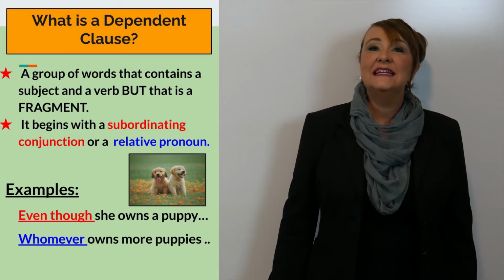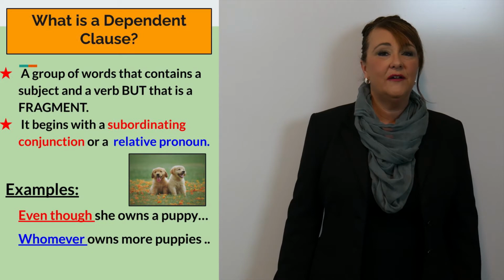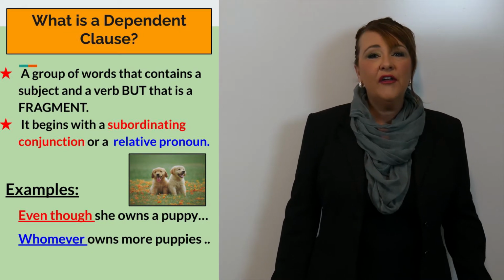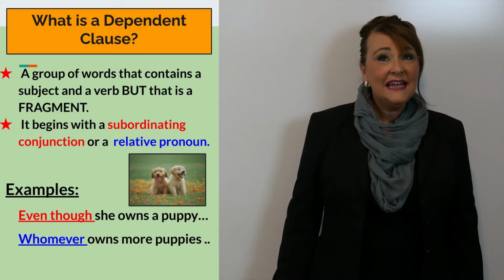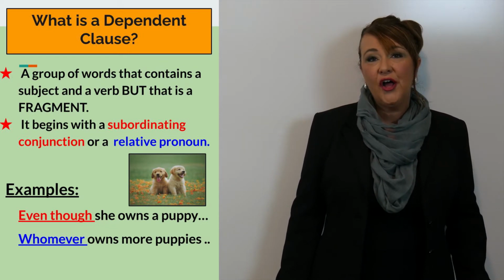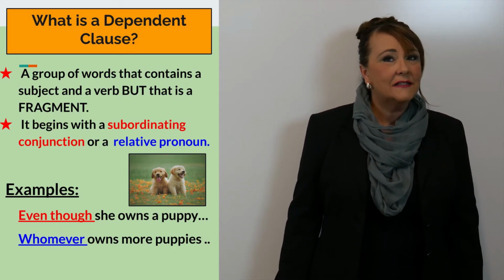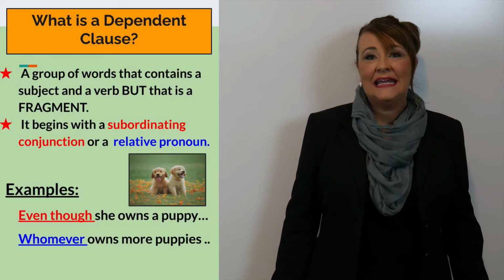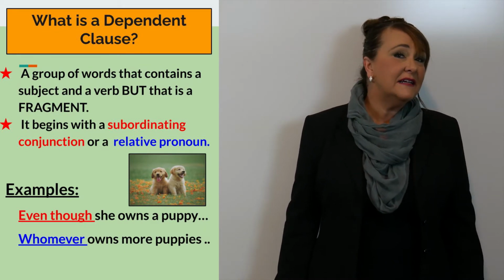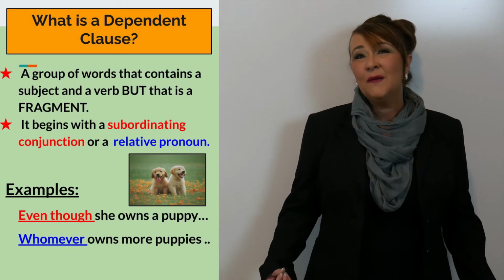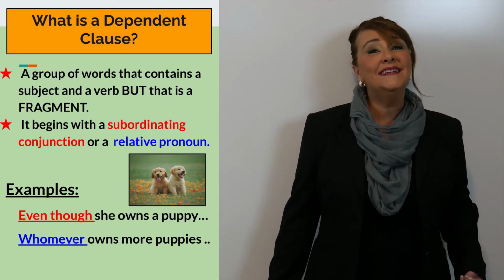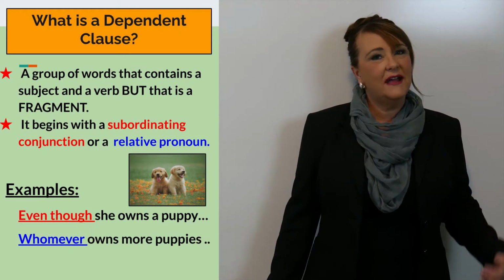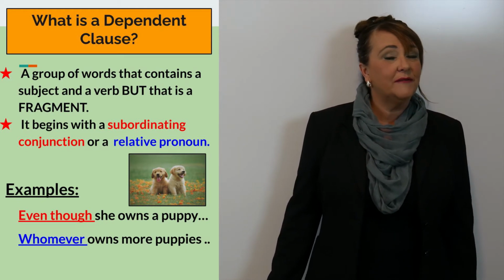Let's look at the example I have for you. Even though she owns a puppy. Now that is a dependent clause, and it begins with a subordinating conjunction. It does have a subject and a predicate, but it is not a complete sentence because it begins with that subordinating conjunction.